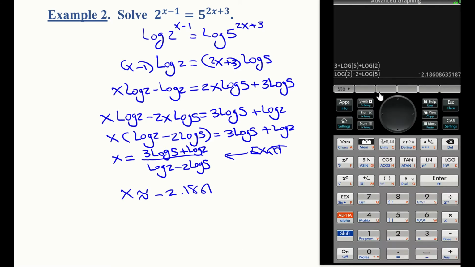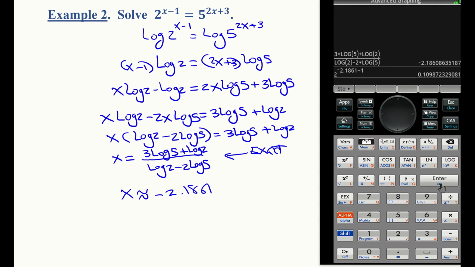You would do the left side, like you would say 2 to the power of x minus 1, so negative 2.1861, and that's the left side. We have to do a minus 1 at this point. So that's all of the left side. We hit enter.